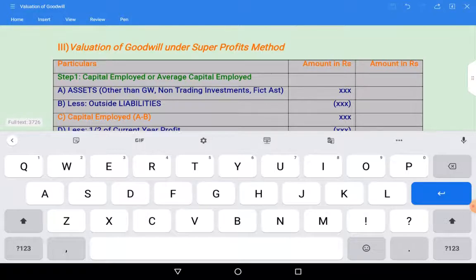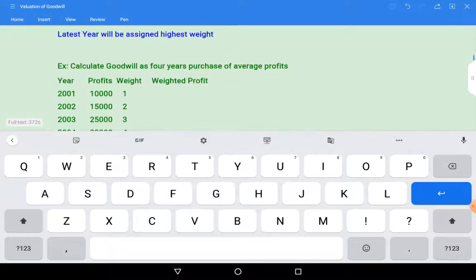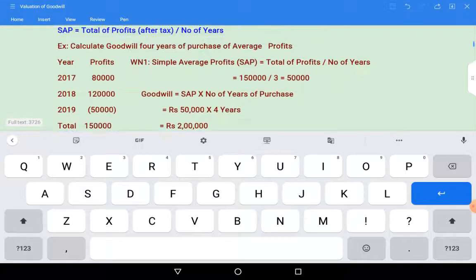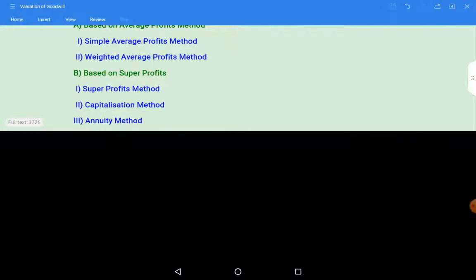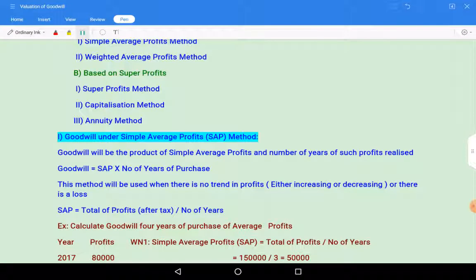Based on super profits we can calculate goodwill in three methods: super profit method, capitalization method, and annuity method. Presently, first we will discuss the super profit method, then we will think about capitalization, later we will do the annuity method.